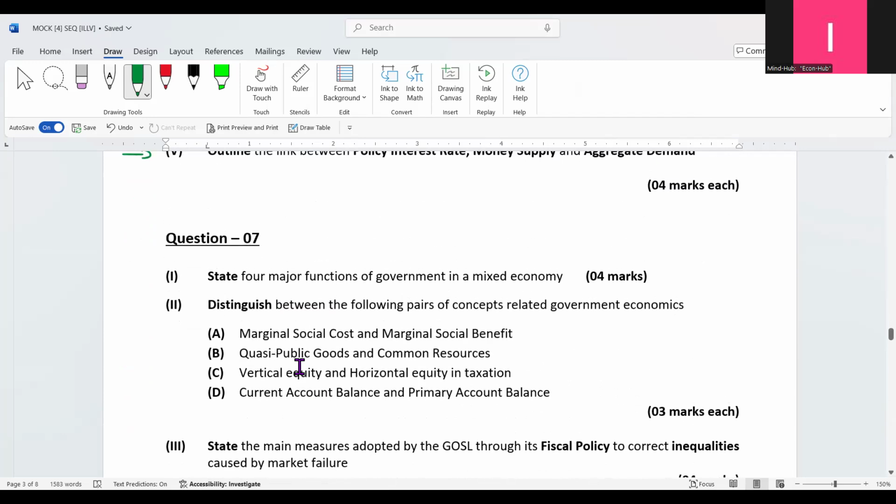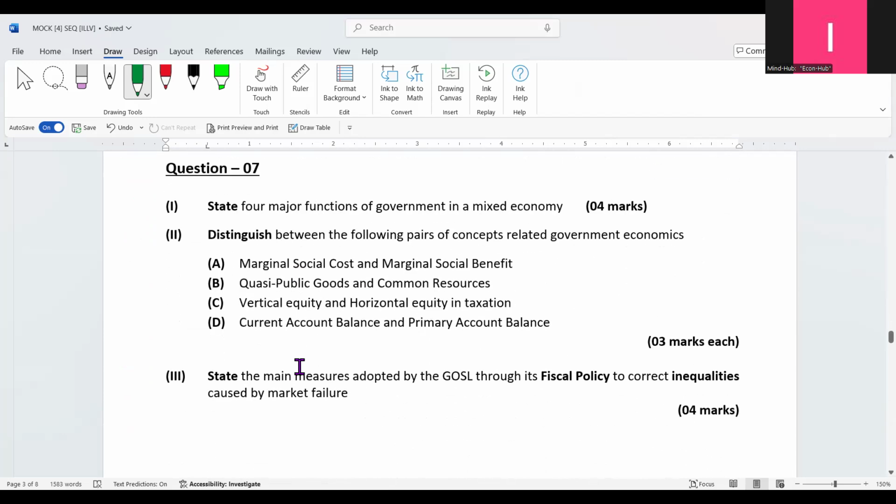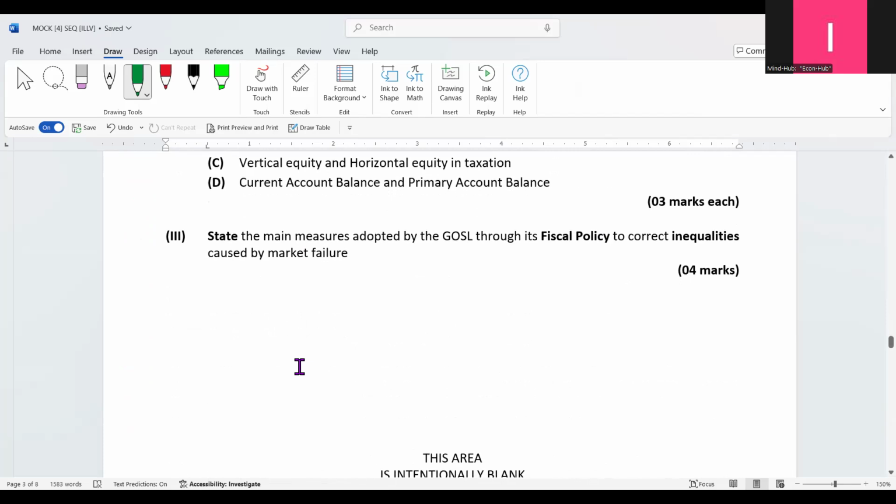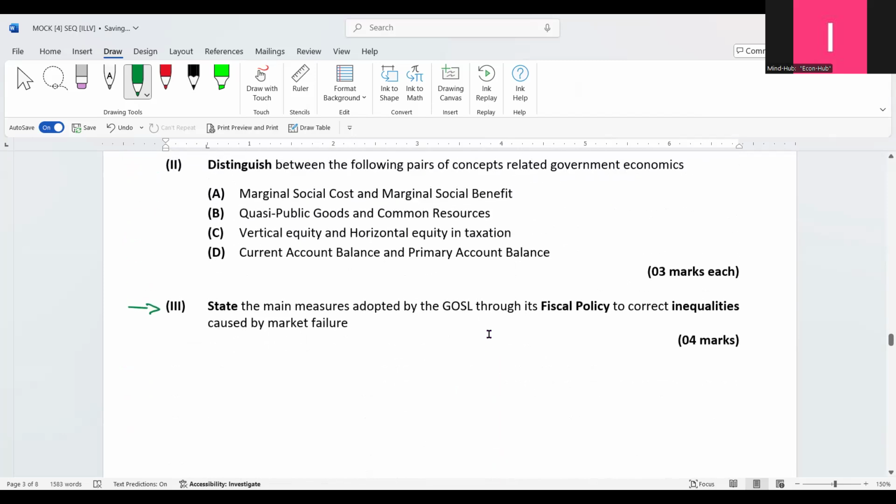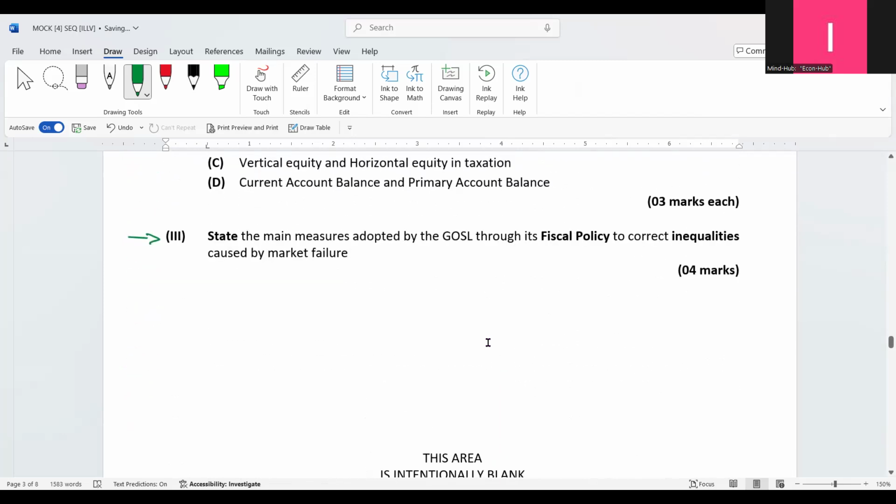Question 7, state four major government functions. What are we doing to address the inequalities that cause market system failure, to be very correct, in terms of fiscal policy. So that's question 7, part 3.